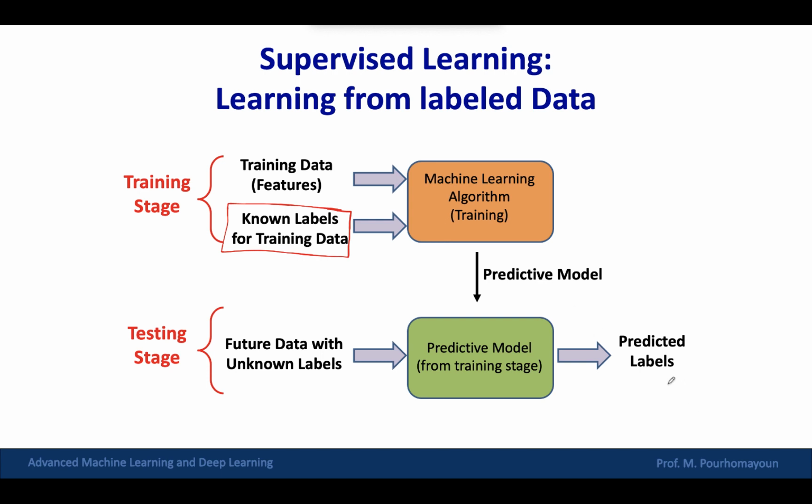Whatever you want to predict should be available in the training stage to train your machine learning. If this is not available, it means that you are not able to use supervised learning, and probably you need to use unsupervised learning. So remember that.